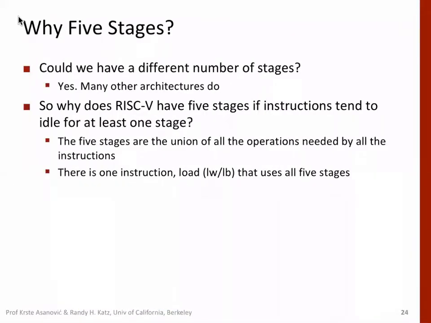The question you may ask is why 5 stages, right? Yeah, this is a good question. Now, many architectures have more than 5 stages or fewer than 5 stages. This is how RISC architecture is designed. There is a possibility that in one instruction a stage is not executed.